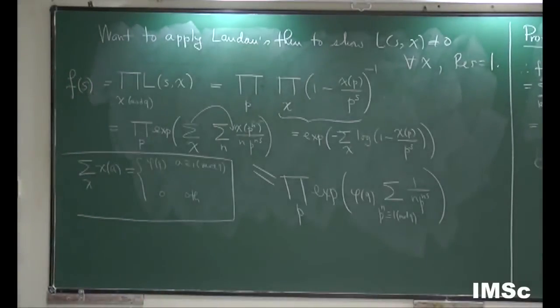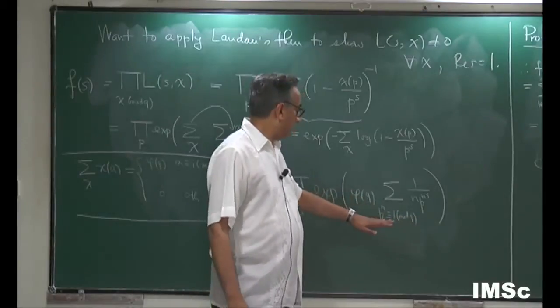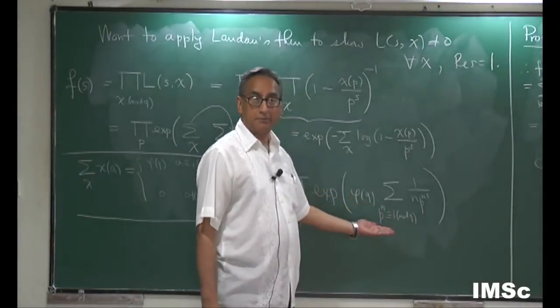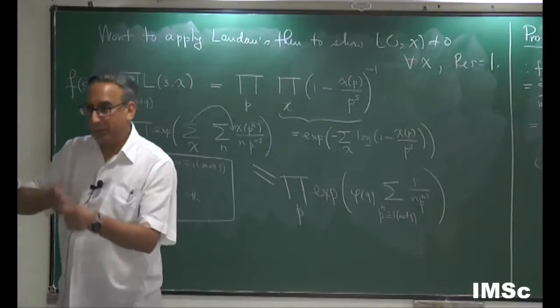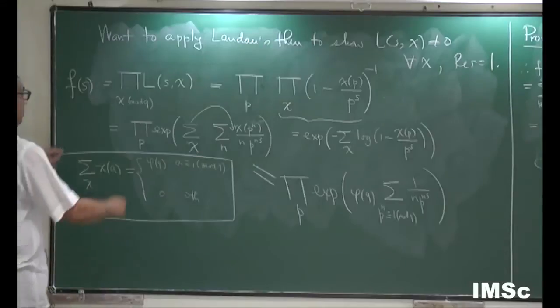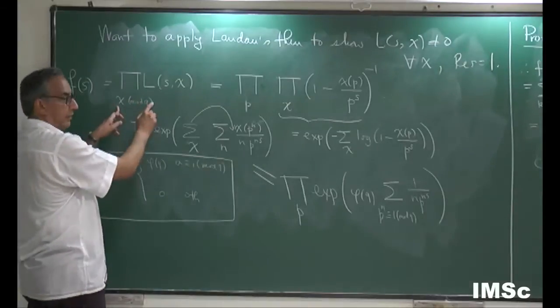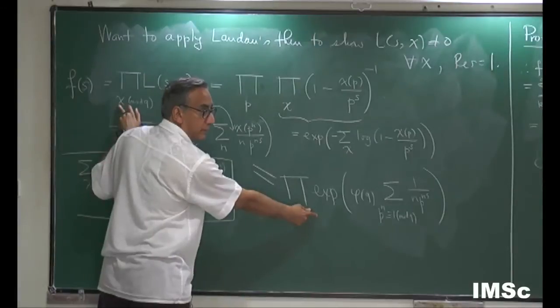Everybody okay with this? Now what's the advantage of doing this? The advantage is this is a Dirichlet series now with non-negative coefficients. The problem with the characters was it could take on roots of unity, it could go all over the place. But considering this neat combination allowed me to make a Dirichlet series with non-negative coefficients.